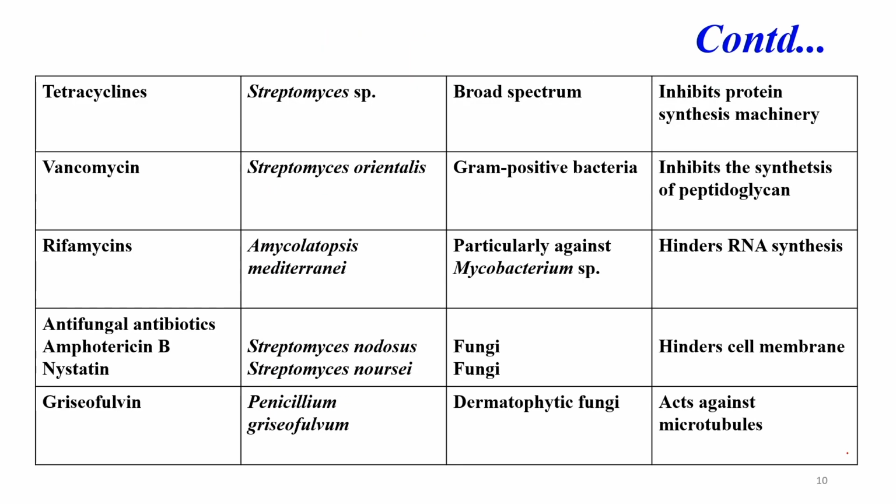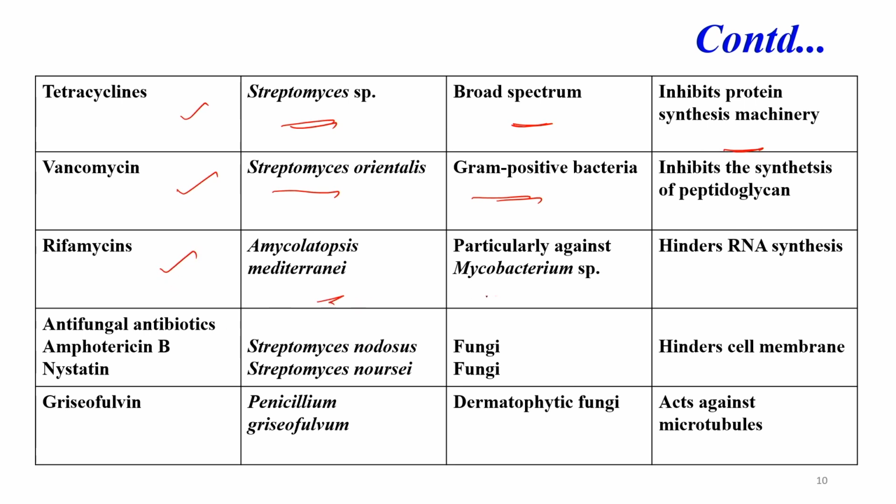So, these are some more antibiotics which are listed here, like tetracycline, produced by Streptomyces. This is a broad spectrum antibiotic, and its mode of action is that it inhibits the protein synthesis machinery. Vancomycin is produced by Streptomyces species and is active against gram positive bacteria.